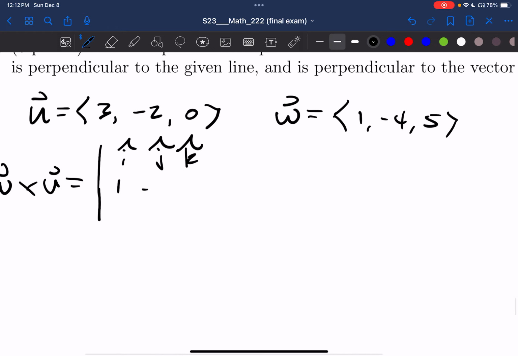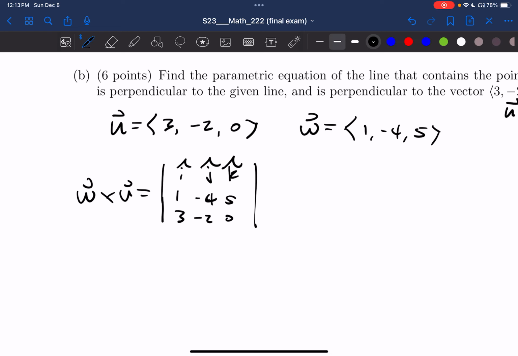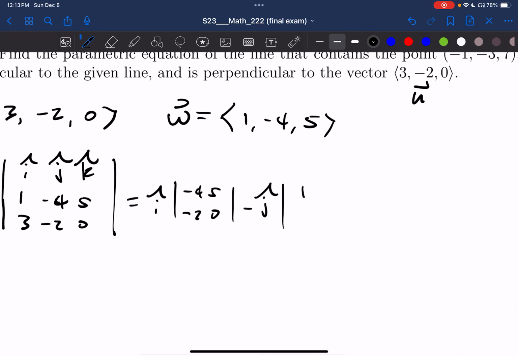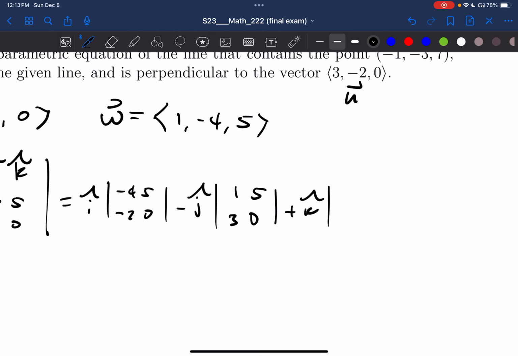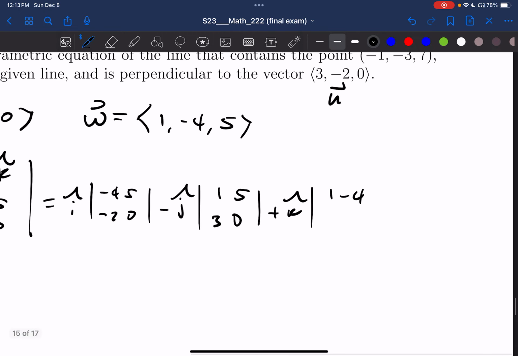And we'll have 1, -4, 5, and 3, -2, 0. I'm going to move this down a little bit because it's too cramped. There we go. Doing the little trick, you're going to get this, then -4, 5, -2, 0, minus, because you use alternate signs, 1, 5, 3, 0, plus k, and you get 1, -4, and then 3, -2.